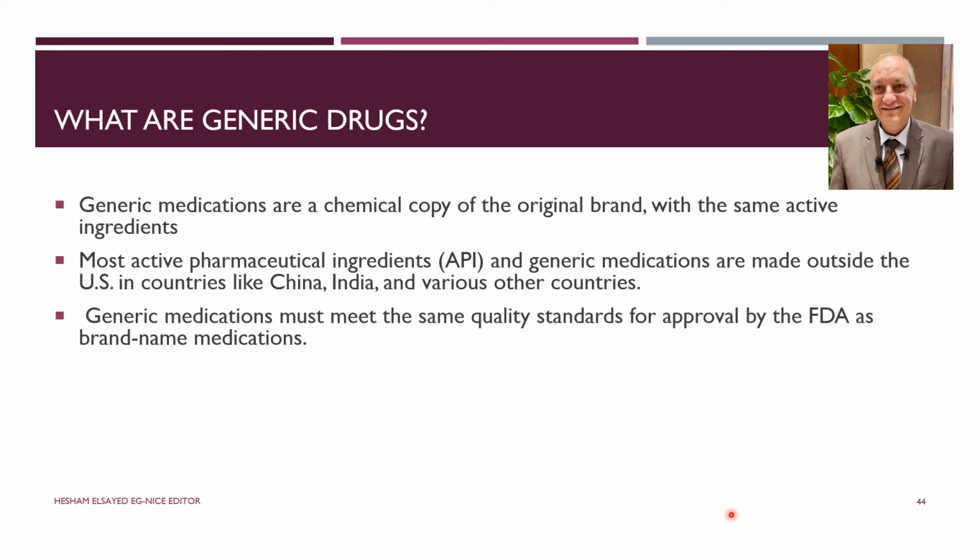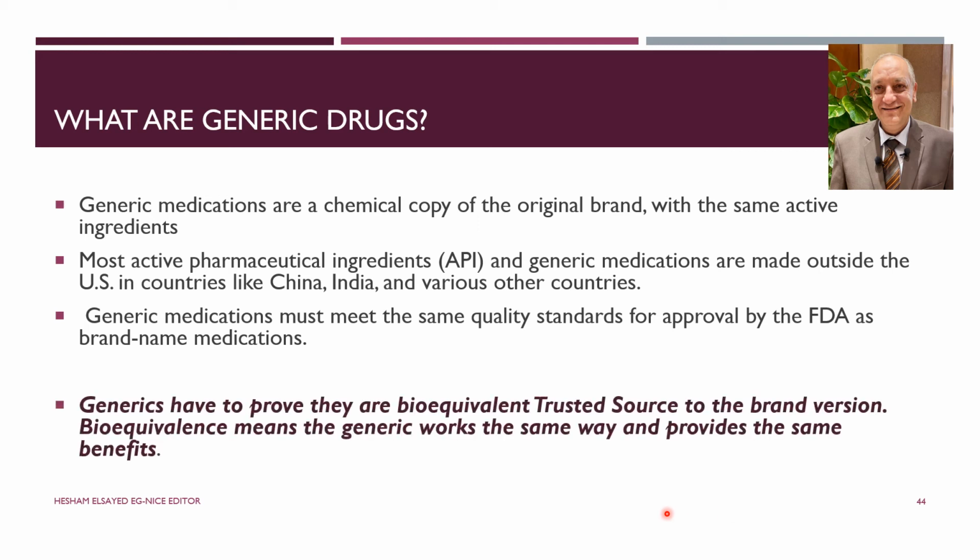Generic medication must meet the same quality standard for approval by the FDA as a brand name or the European standard. Generics have to prove they are bioequivalent to the brand version. Bioequivalence means the generic works the same way and provides the same benefits in both dosing and adequacy.